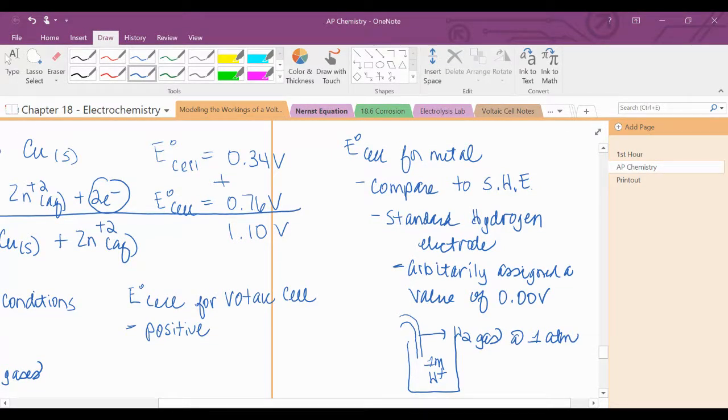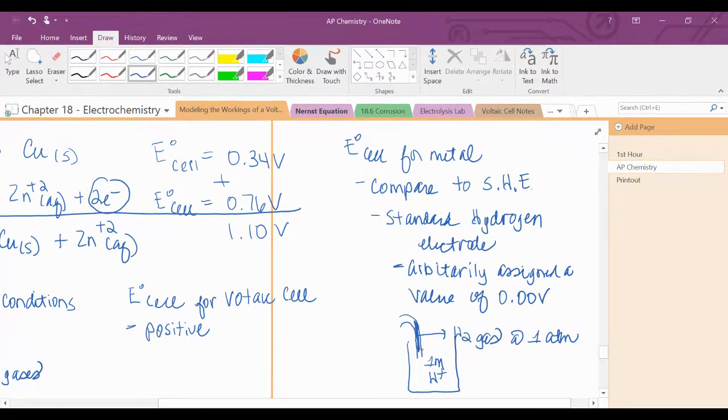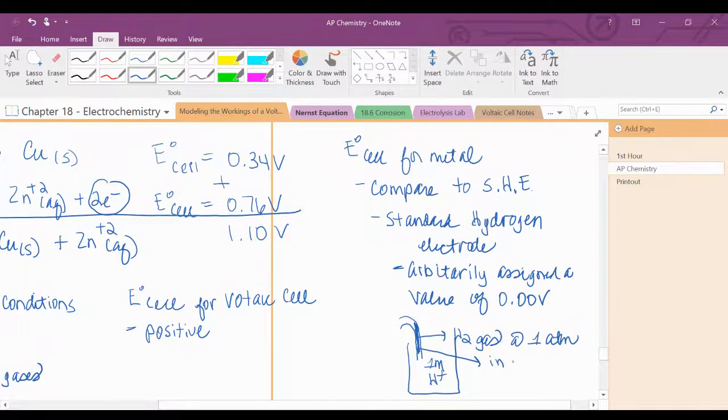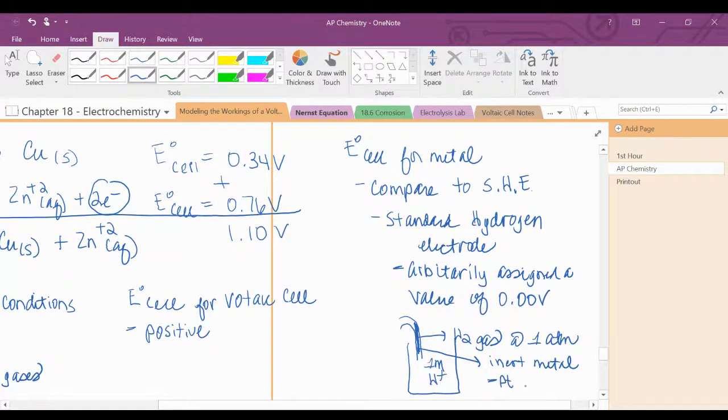Well, hydrogen is a gas that doesn't have a metal electrode. So whenever you have a half reaction that does not have a metal, you use an inert metal. And that inert metal is typically platinum, which is really expensive, or we can use graphite, which is cheaper.